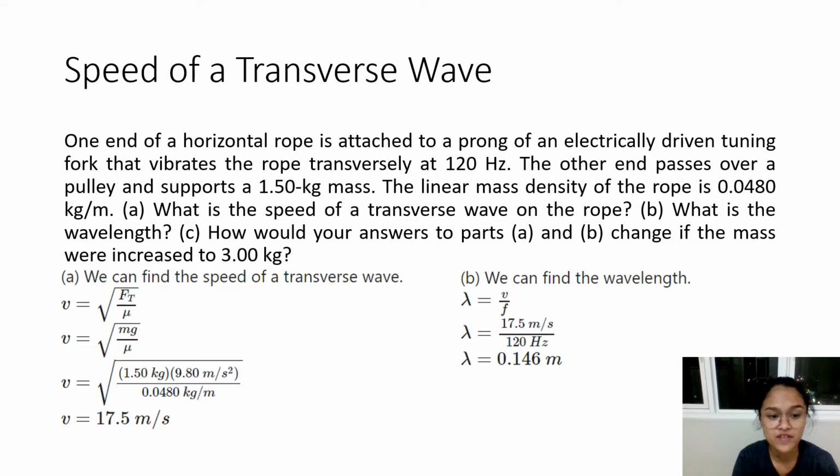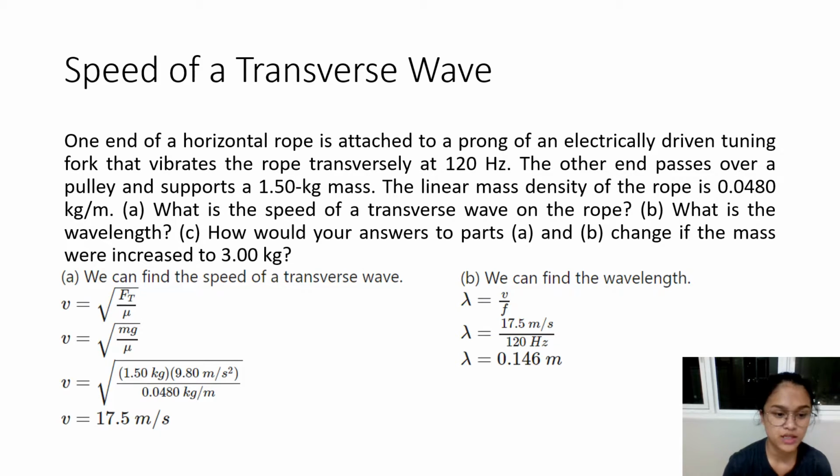So for A, we can find the speed of a transverse wave using the equation velocity equals the square root of force over mu. The force would be the weight, which is mass times the gravitational acceleration, and the linear mass density is 0.048 kilograms per meter.